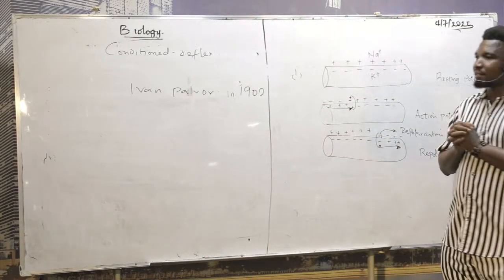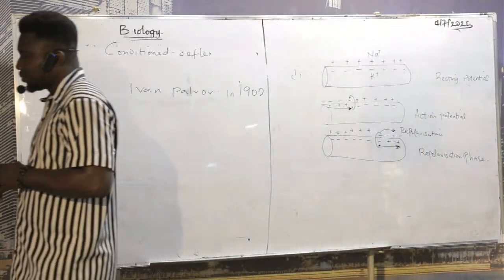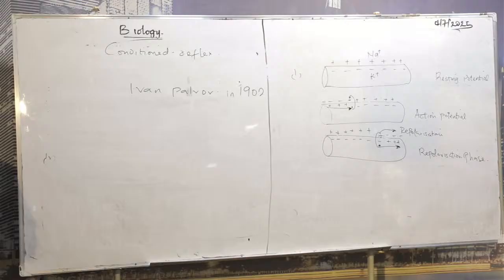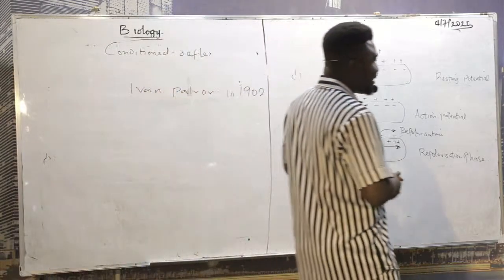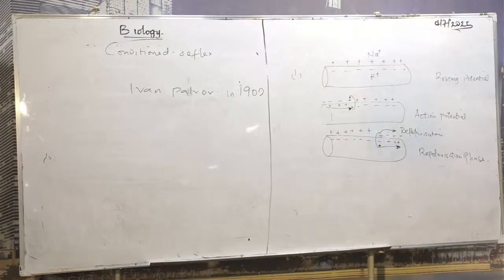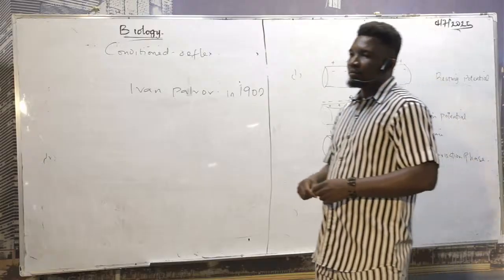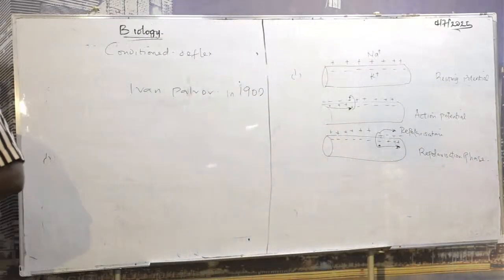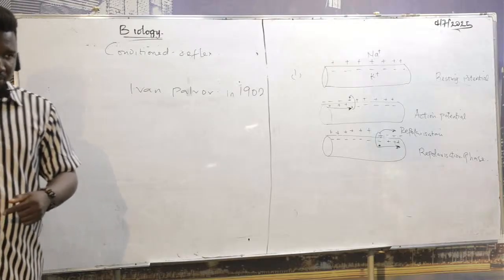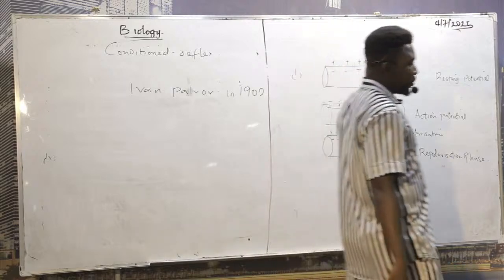Conditioned reflex. Conditioned reflex is a type of action that is learned by an organism over a period of time.